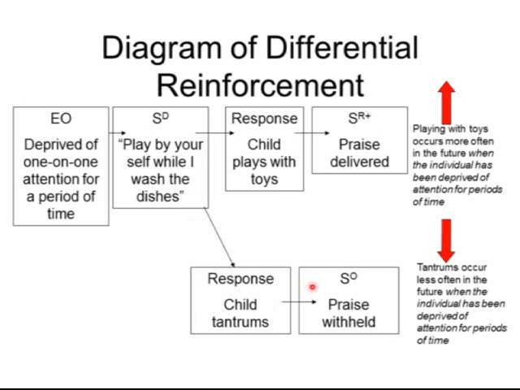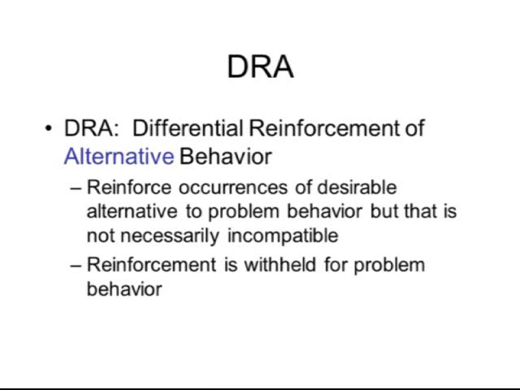Having a tantrum, praise is withheld. So toy playing is being differentially reinforced. If praise is an effective reinforcer for this child, we would expect to see more toy playing in the presence of this discriminative stimulus and less tantrums over a period of time.